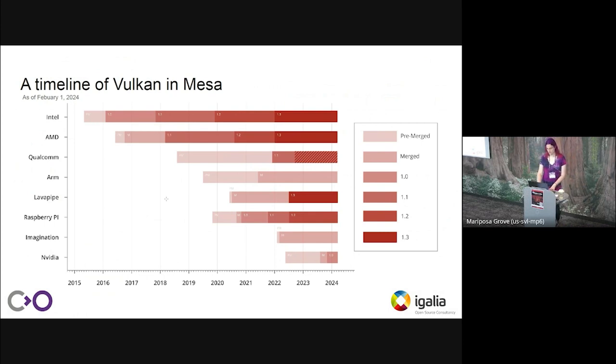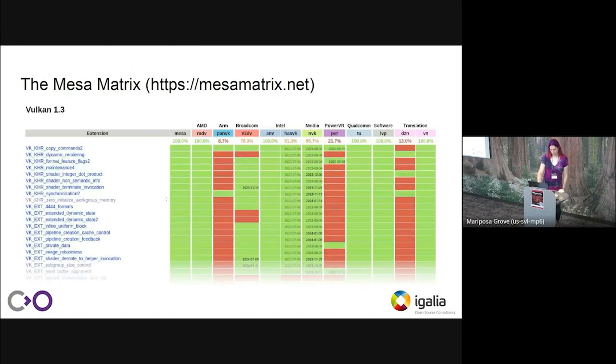So yeah, that's a quick overview. And if you want to look in more detail, extension by extension, there's this website called mesamatrix.net. And this has, for both OpenGL and Vulkan, basically every feature that exists in this giant matrix, and you can see what drivers implement what things. And that's been useful for us as developers, especially when I'm bringing up a new driver and I want to see how does this compare against drivers that already exist?